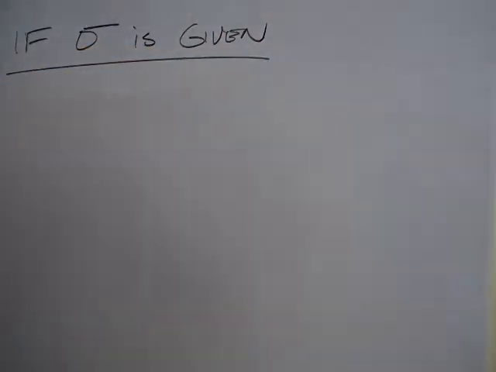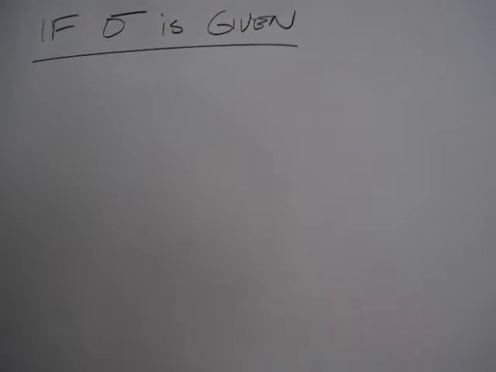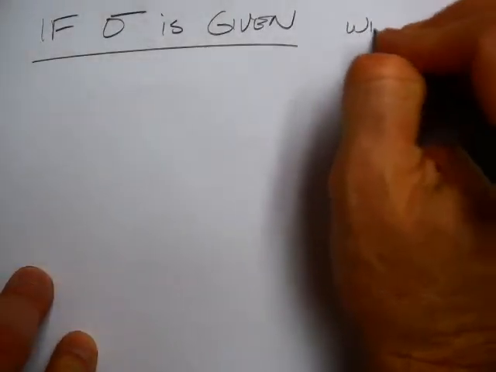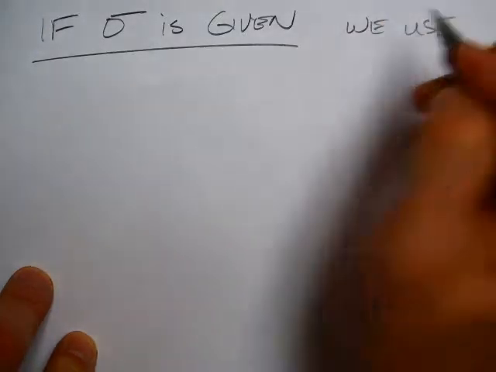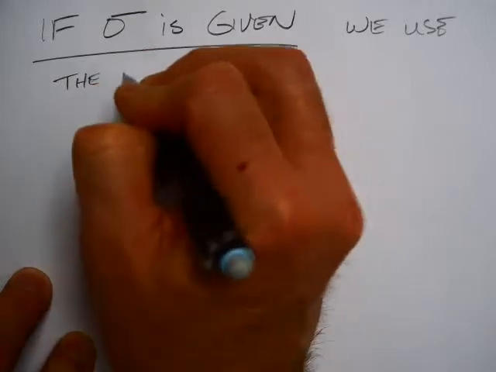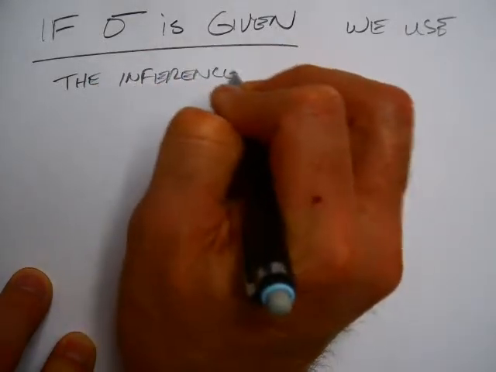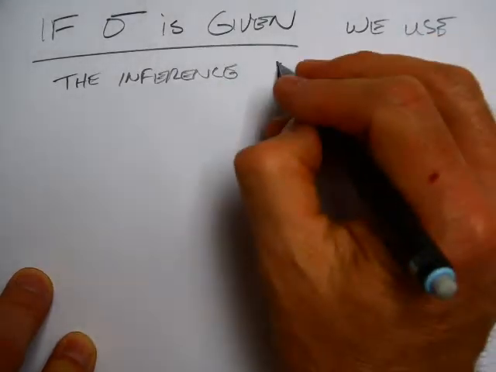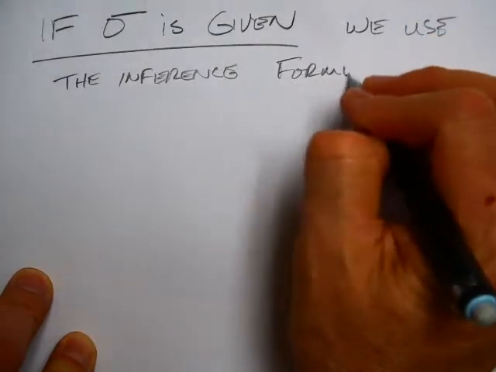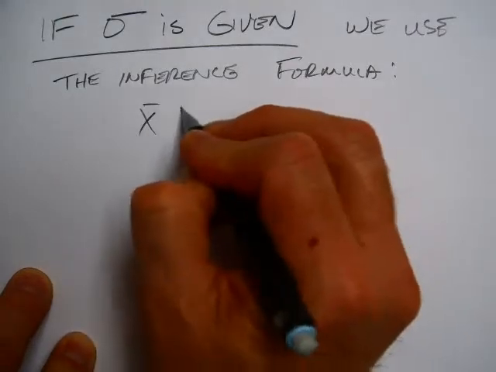Okay, on the offhand chance that sigma is given, and you do get problems like this on occasion, we use the inference formula: x bar plus or minus z star times sigma over root n.